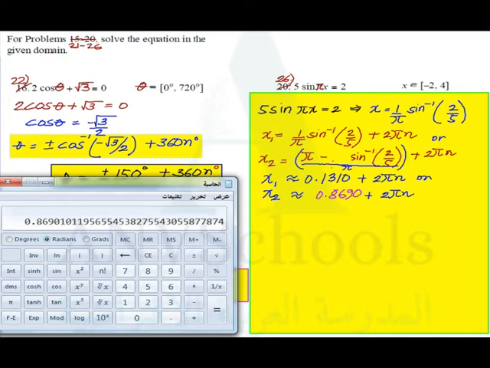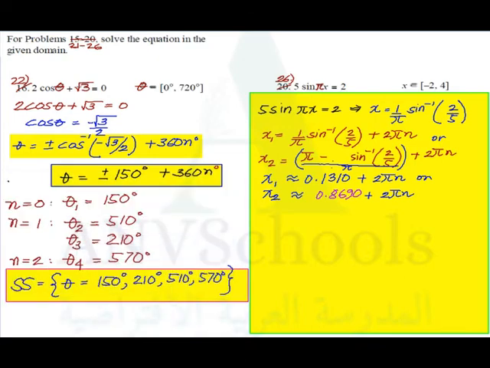Okay, this is the correct form of the solution for the second one. We divided by pi, so we also divide the 2 pi n by pi. We have 2 pi n over pi, which means only 2n. Okay, we can actually write it as 2n only.